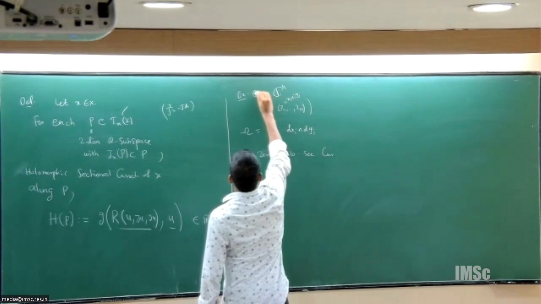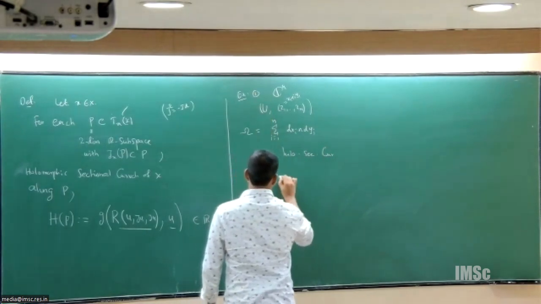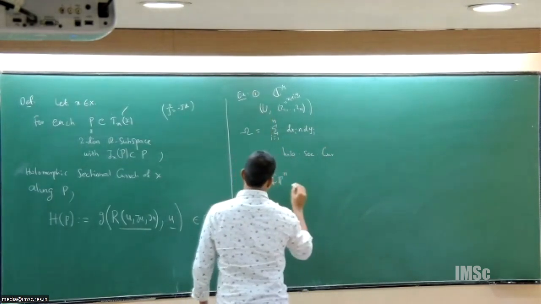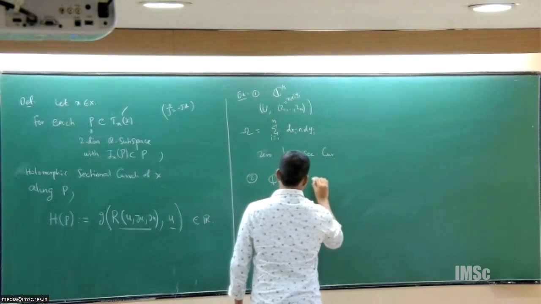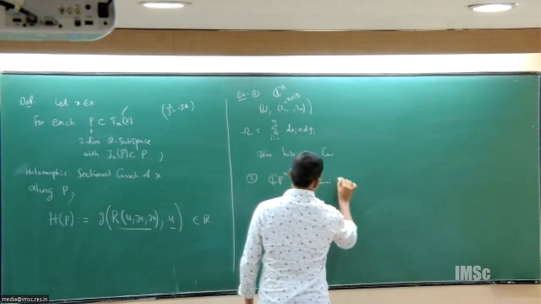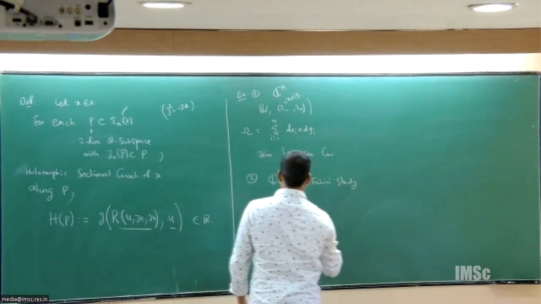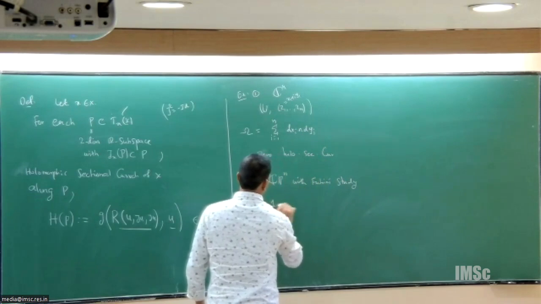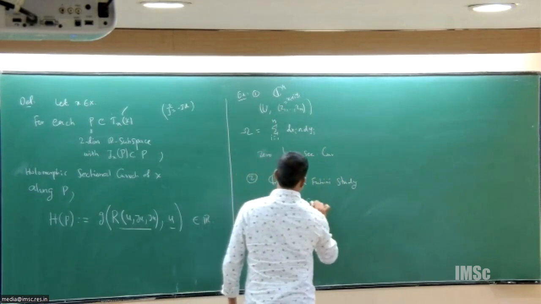This is flat. And the complex projective space with the Fubini-Study metric has constant holomorphic sectional curvature everywhere.